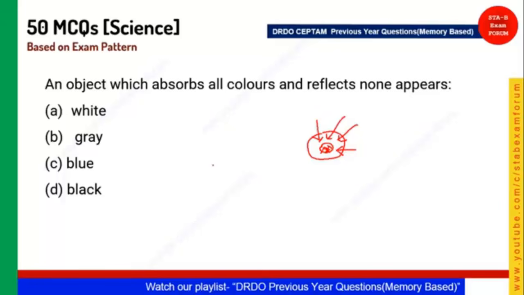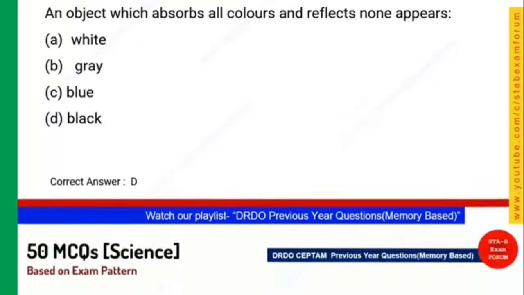Why do we wear white cloth in summer? Because it reflects the most. And black absorbs all the colors. As you have heard, a black hole captures everything inside it. So the answer for this question is option D.